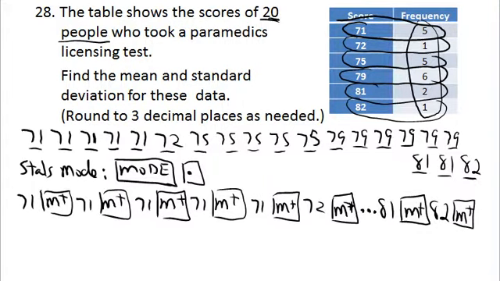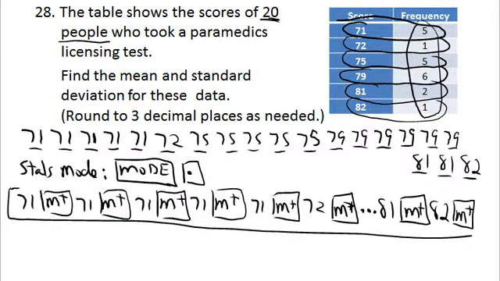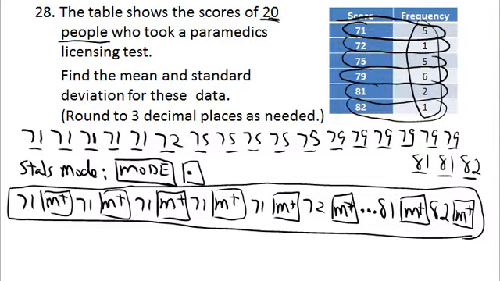And as usual, I would suggest at this point you do shift 6, and shift 6 tells you how many numbers you've entered, and it better say 20. And if it does, that makes you feel a little better about having the data in correctly. At this point, you just do the mean and standard deviation, and they want the answers to 3 decimal places as needed.